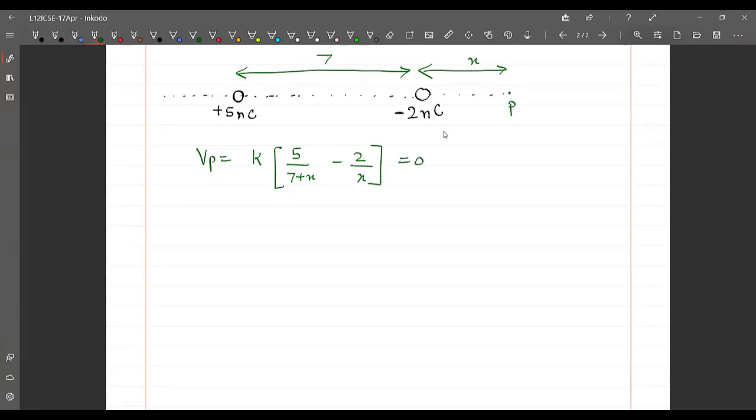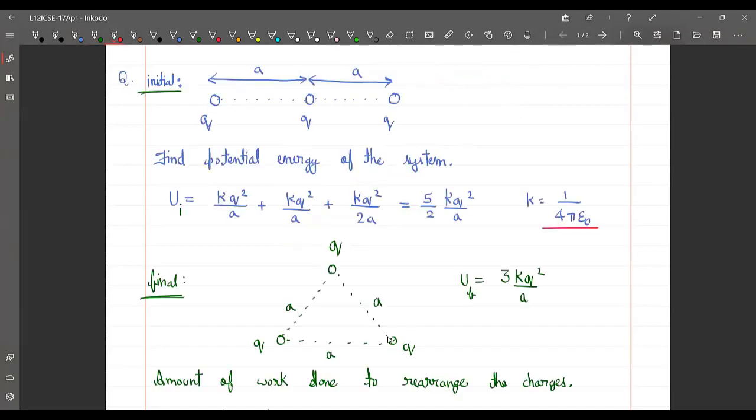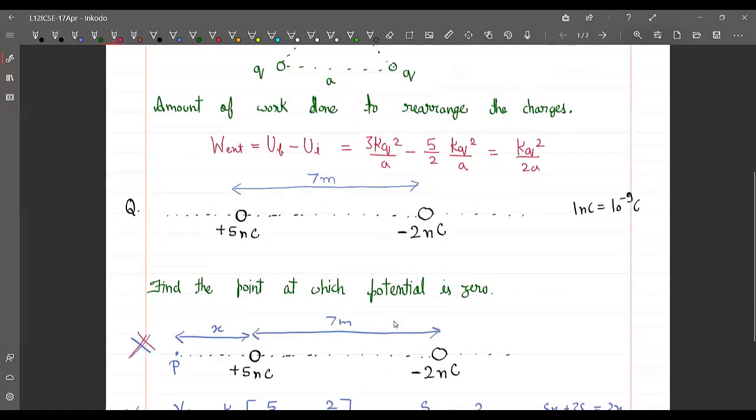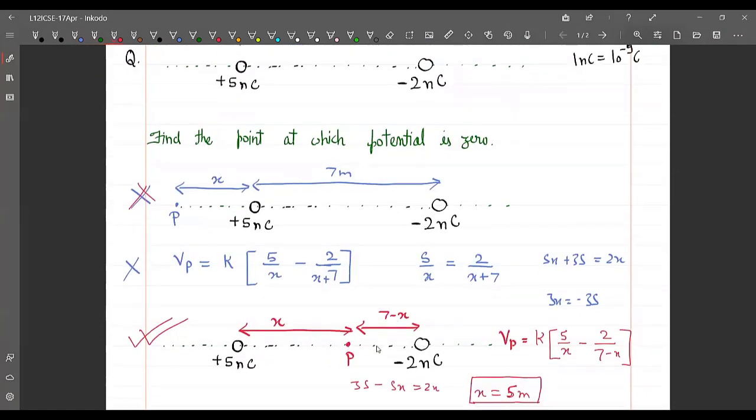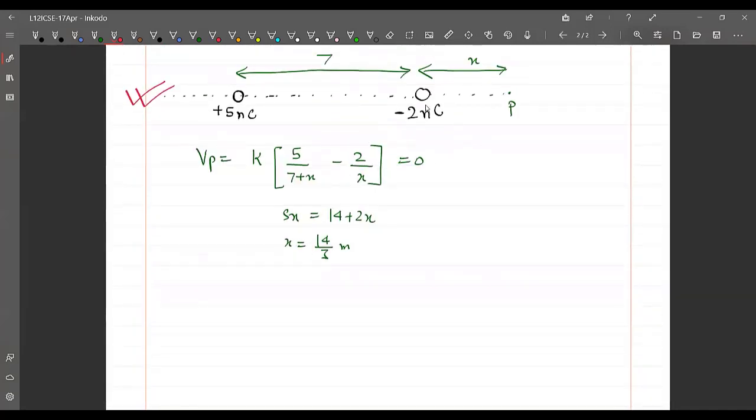This should be 0. So 5x equals to, from here we're getting x is equal to 14 by 3 meters. So this is also a possible case. So in this case, there are 2 points where potential is 0. First is in between and second is beyond the lesser amount of charge, minus 2 nanocoulomb.